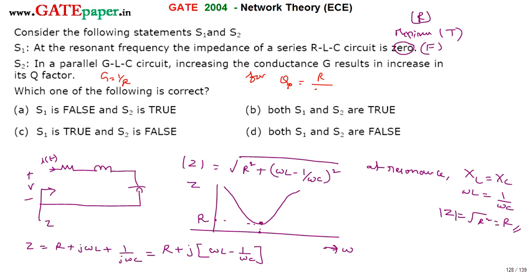It is resistance divided by reactance. That means R divided by ωL, or R divided by 1/(ωC), which means ωCR. Here ω is the resonant frequency. So at resonant frequency, quality factor is defined as resistance divided by reactance. You can define it in terms of inductance or in terms of capacitance. These are the two equations, and we know the value of ωR, the resonant frequency.